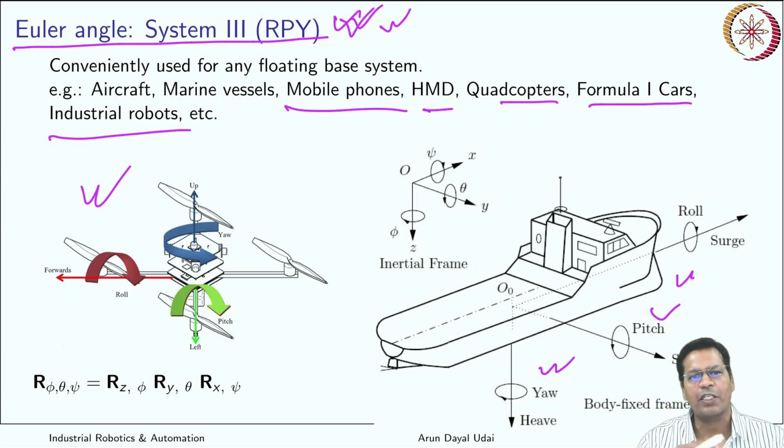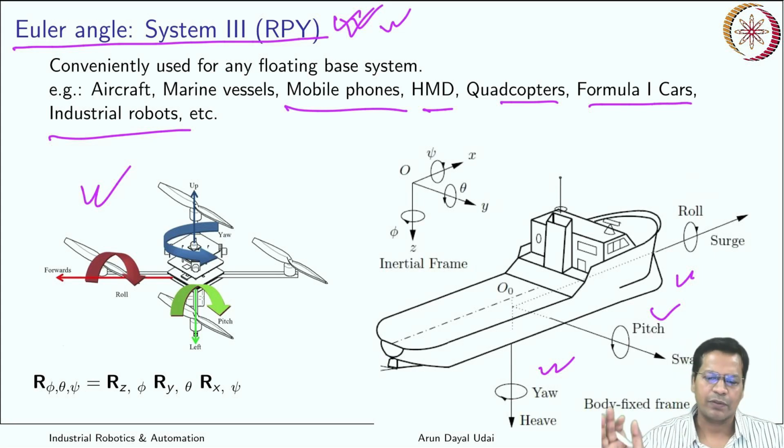Internally, the robot may be converting RPY that a programmer is specifying to maybe UVW or Euler angle system 1 or 2 or 3, whatever. So it internally may use something else, but externally, in order to program, in order to understand, this is the thing which is used. So this has just 3 rotations which are very, very simple.